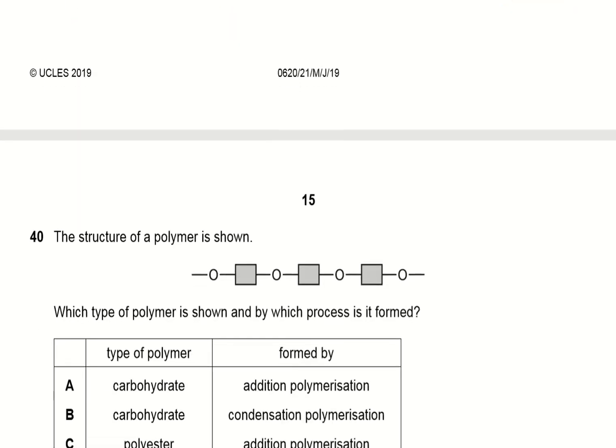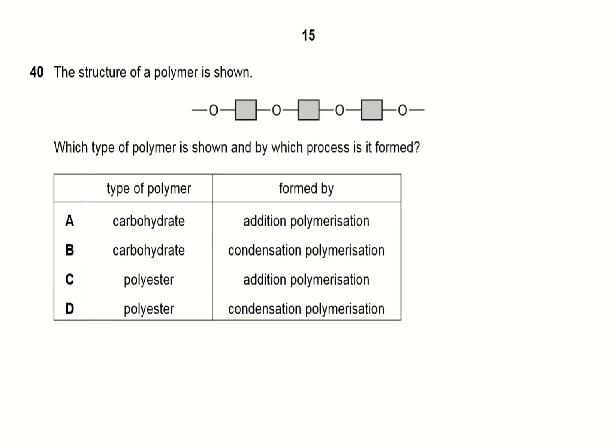The last question: which type of polymer is shown and by which process is it formed? If you look at this polymer structure, in the options we have carbohydrate and polyester.